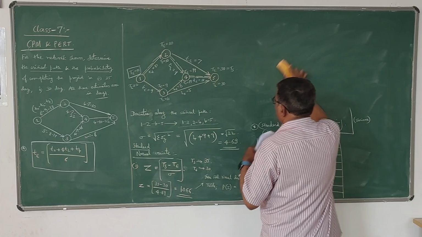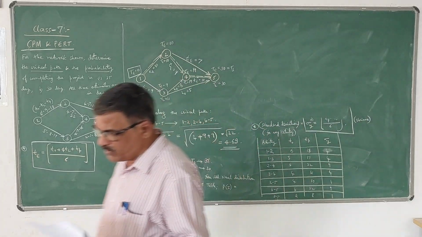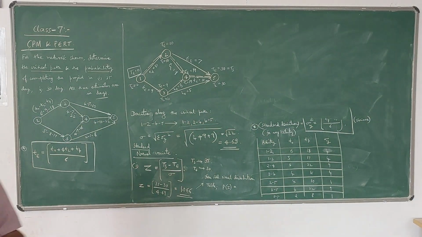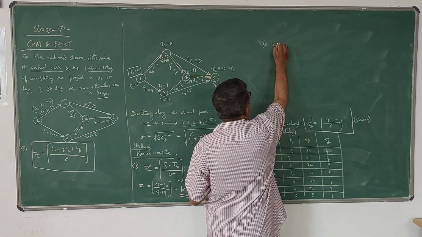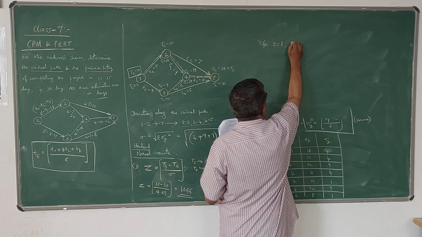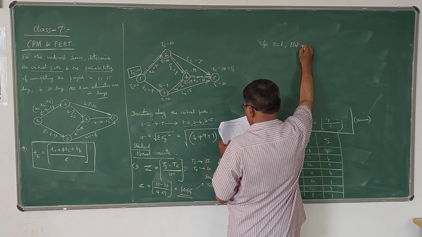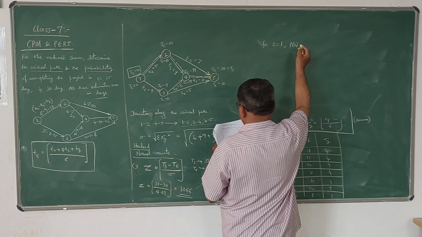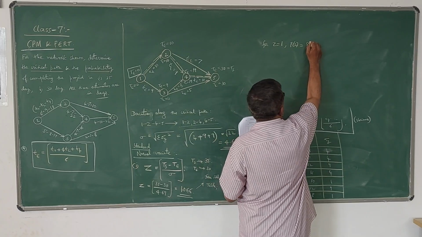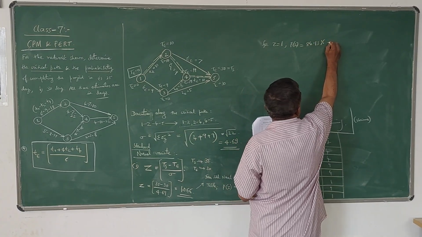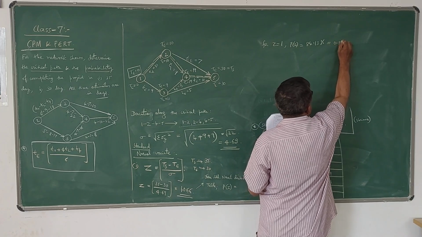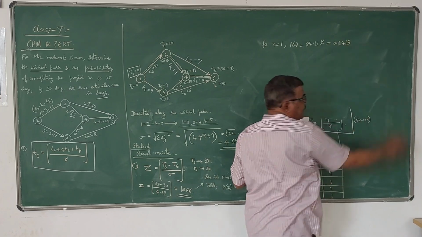I know how to interpolate. You people know how to interpolate. So for Z is equal to 1, the value of P of Z is 84.13. Of course it is in percentage, 84.13%, or it can be written as 0.8413 in decimals.